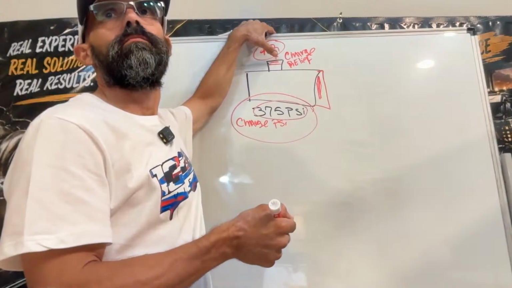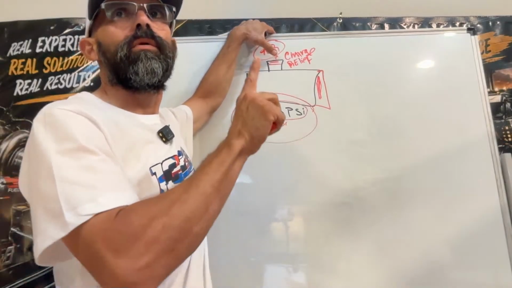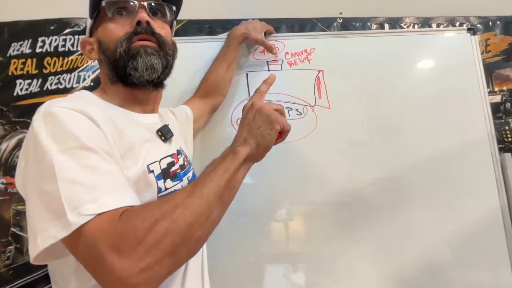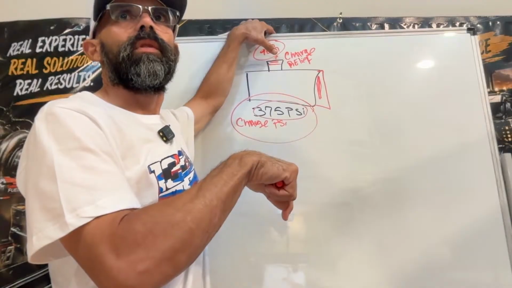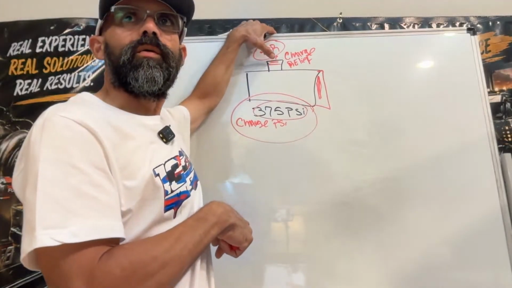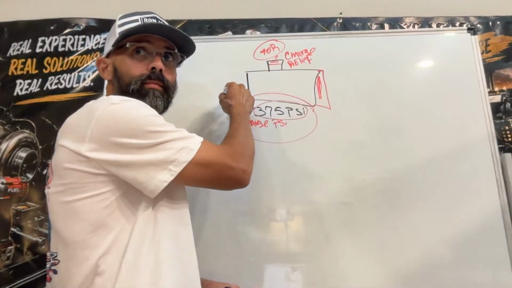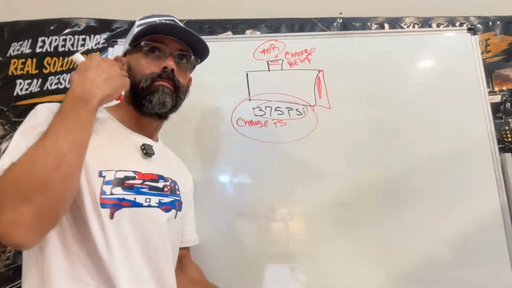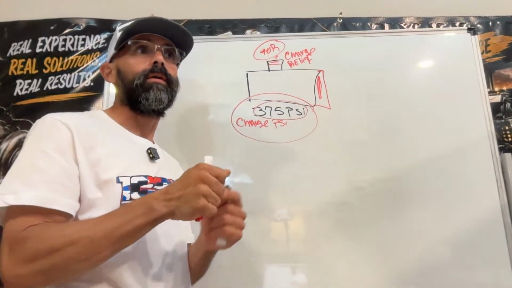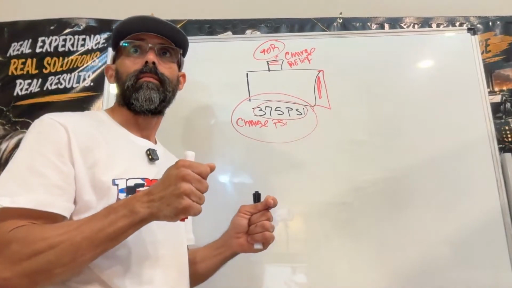Just adjust it. Remember, clockwise, you increase the pressure. Counterclockwise, you decrease the pressure. So try to adjust it and see what happens. Of course, with a gauge attached to the pump, to the charge system. That way you can see, okay, it's increasing, right?